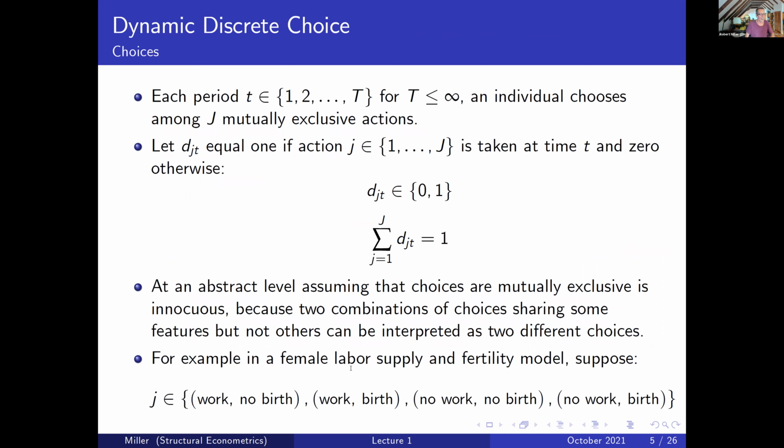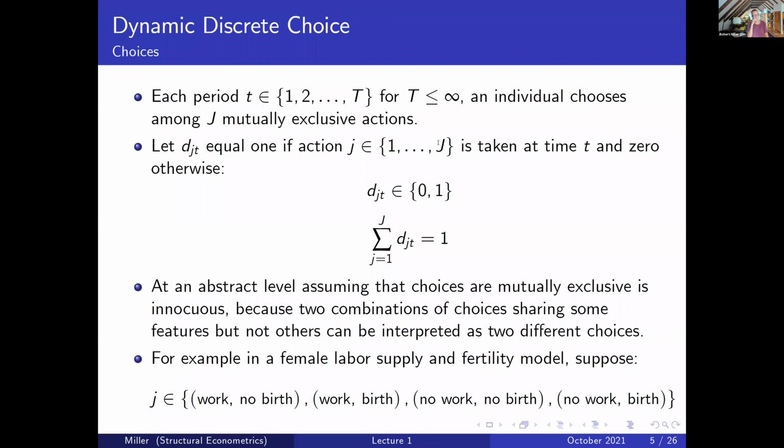So here's our setup. We think about a simple, what I'm going to call a simple standard, how about that, discrete choice, dynamic discrete choice problem. Let's think about some of the issues that are involved here. Imagine each period, right out to some T, which could be infinity, that someone is choosing between capital J mutually exclusive actions.